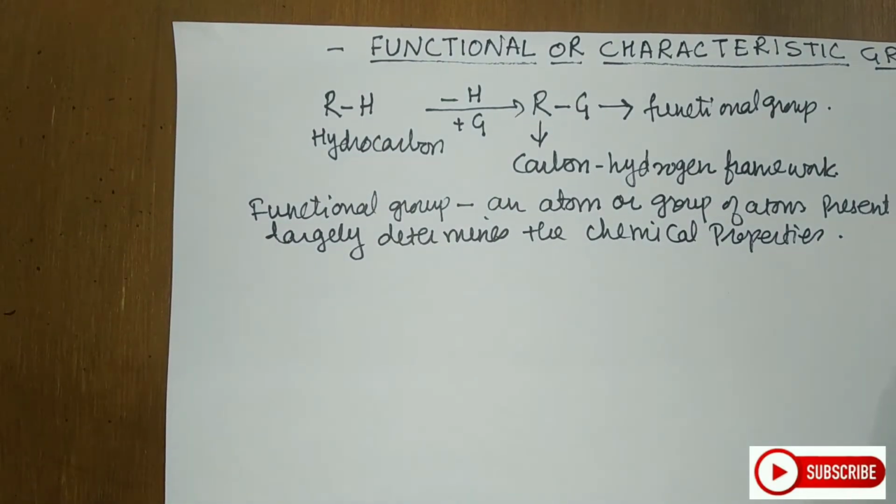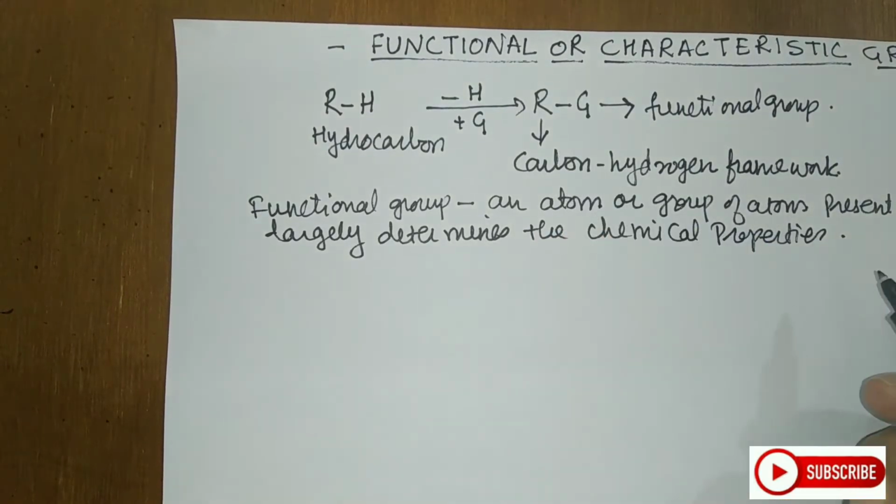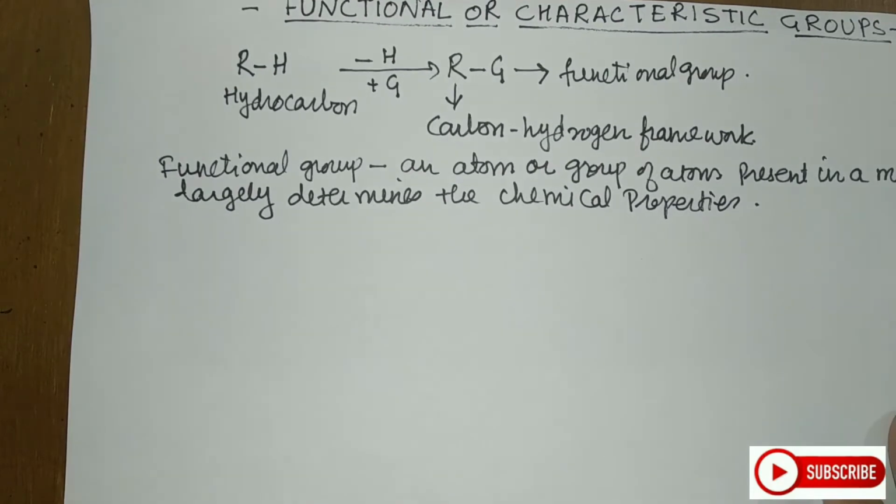The remaining part of the molecule, that is R, mainly affects the physical properties such as melting point, boiling point, density, solubility, refractive index of the molecule.